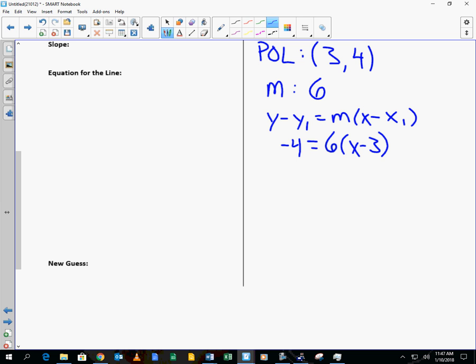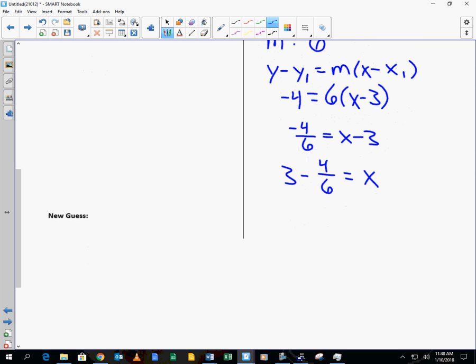Divide by 6, I get negative 4 over 6 is equal to x minus 3. Add the 3: 3 minus 4 over 6 is equal to x. Or 3 minus 2/3 is 2 1/3, or 2.3 repeating.